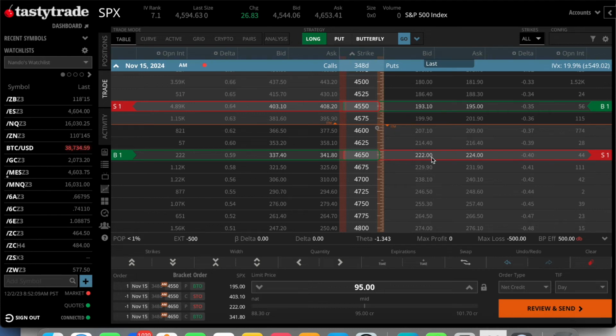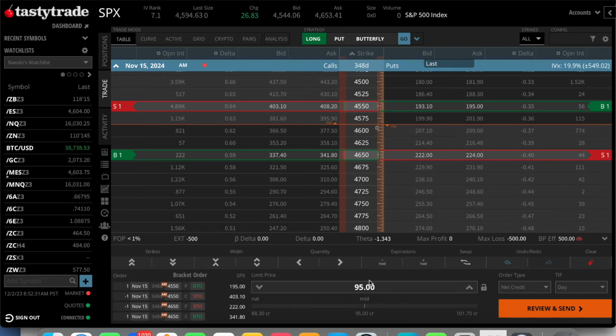Now we're selling the in the money put and buying the out of the money put, and we're selling the in the money call and buying the out of the money call, and we will receive a credit of 95 times the multiplier, which is 100, so $9,500. So what does this mean?